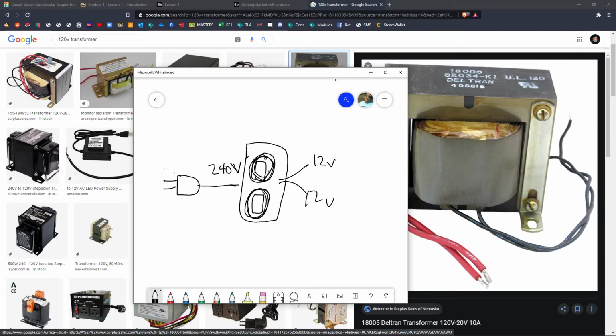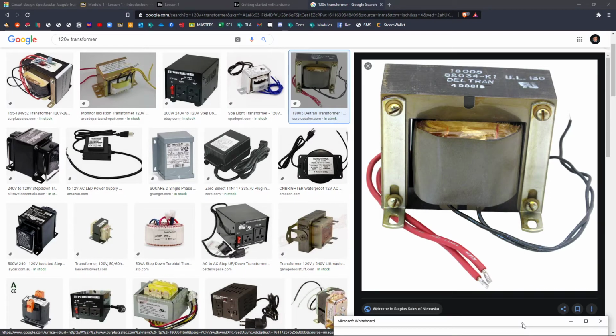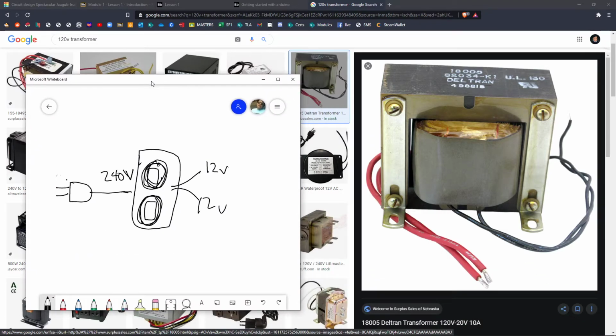So if you notice here, the thick wires are what we are using para isaksak siya sa outlet, those thick wires. So dyan papasok yung 240 volts and one ground.